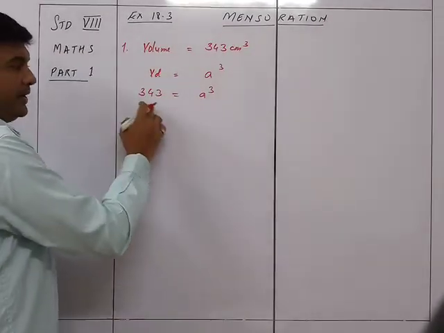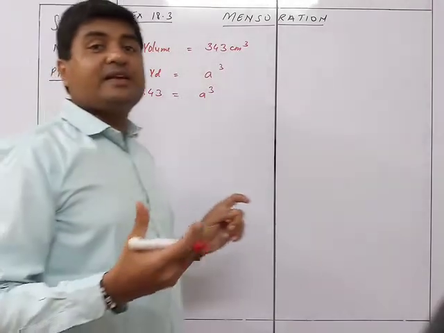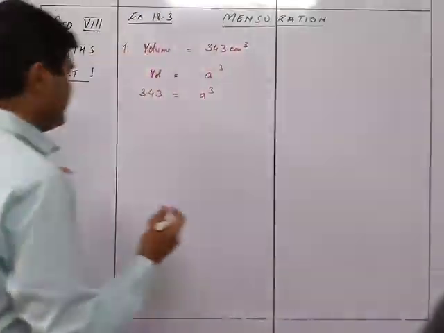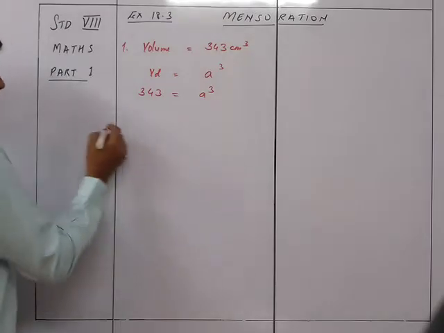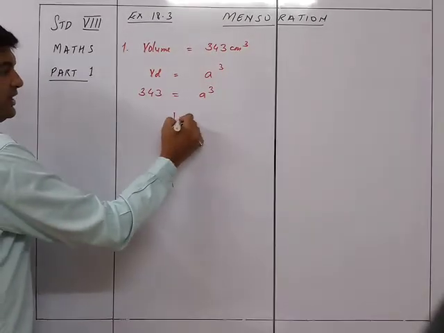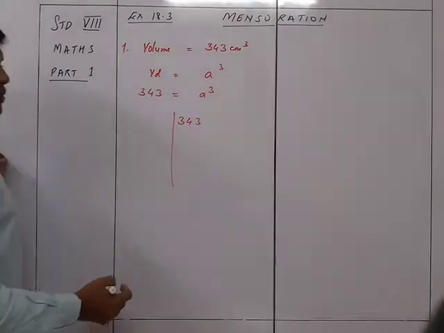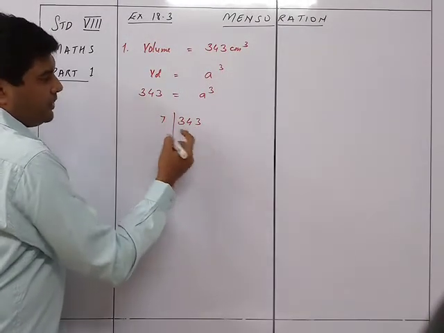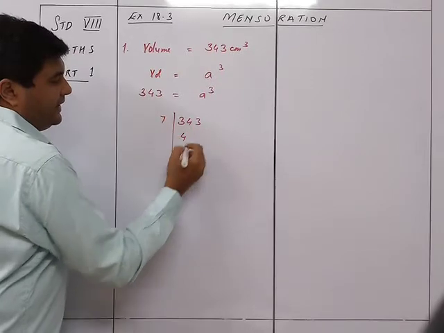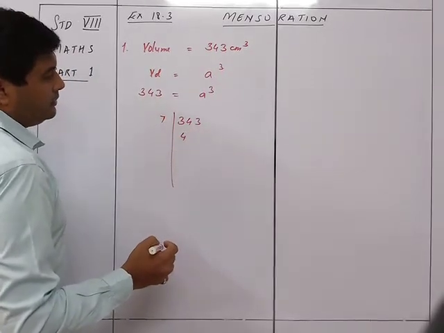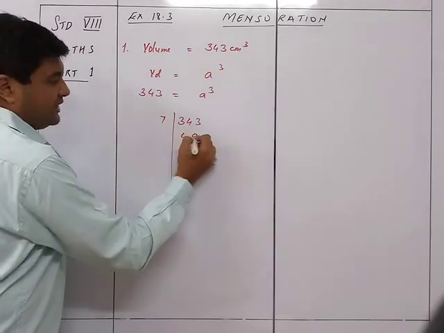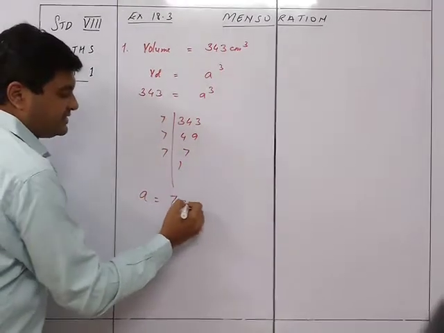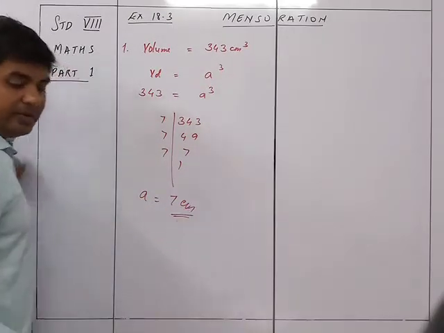If you know whose cube 343 is, that's good, but if you don't know, we can always do the prime factorization. 343 cannot be divided by 3 or 5. I can try with 7. 7 times 4 is 28, then 63, 9. So that's it: 7, 7, 7, 1. So a is equal to 7 centimeter.